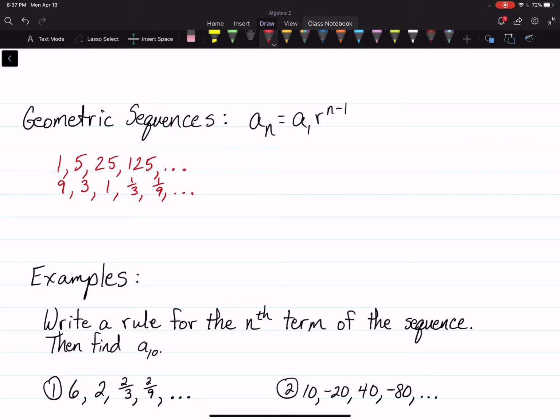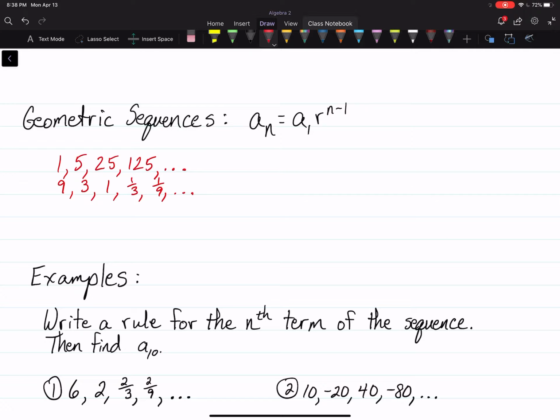Geometric sequences. First off, what we need to know is what a geometric sequence is, and a geometric sequence is just a sequence of numbers where you multiply by some number to get the next number.